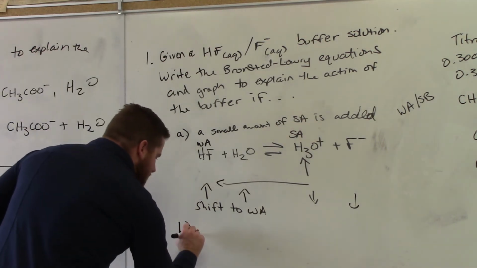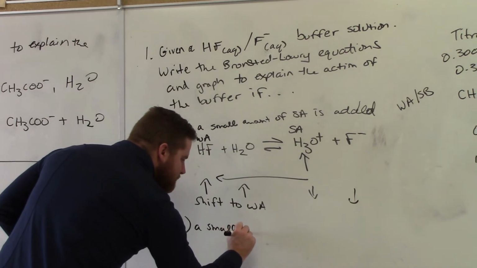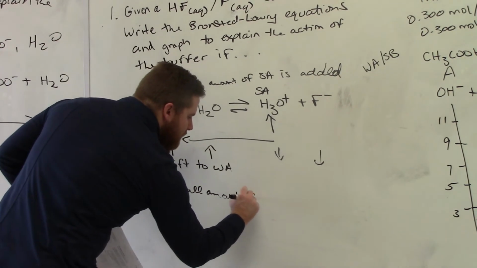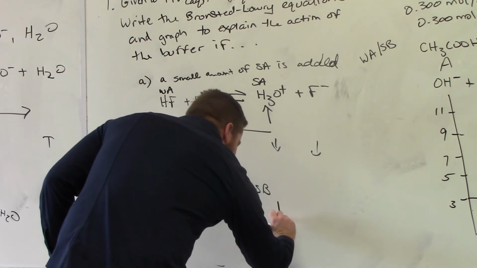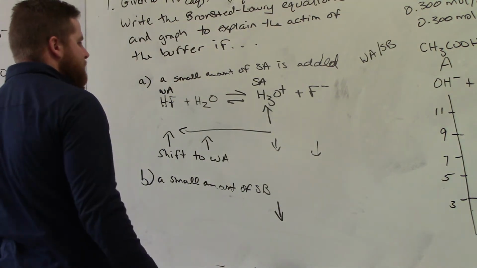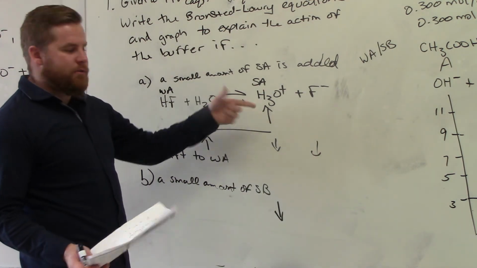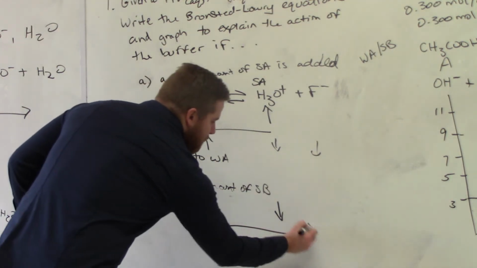Now, let's say we add a small amount of strong base. Well, the opposite would happen, right? The OH negative and H3O plus react together, and we shift towards the weak base.